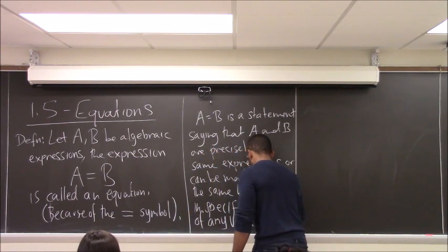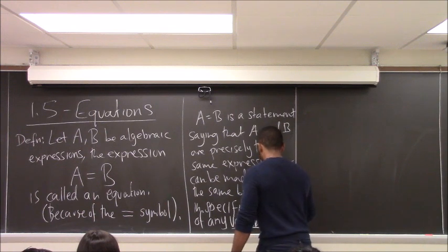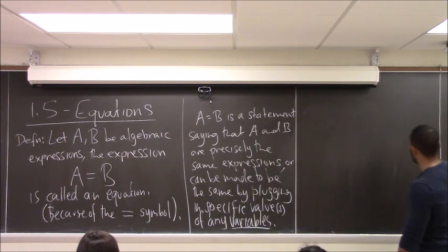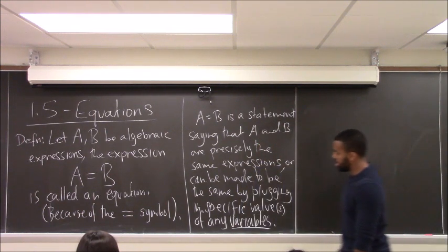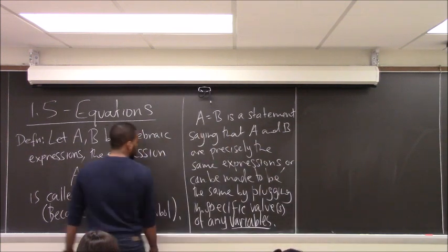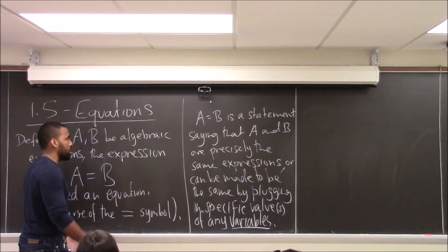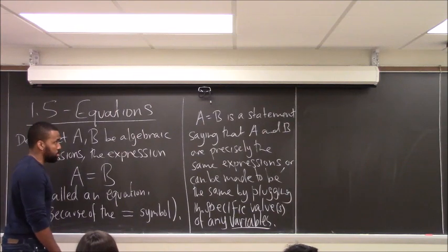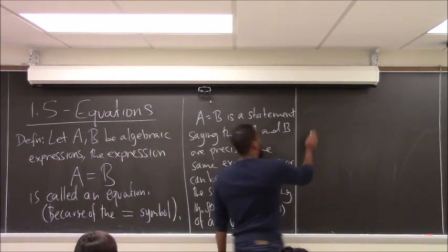We spoke about what variables were already. These are guys whose values can change based on the context, based on domains and all that stuff. And A equals B is just a statement that says these two expressions are the same thing, or we can make them the same by plugging in certain values for the variables.